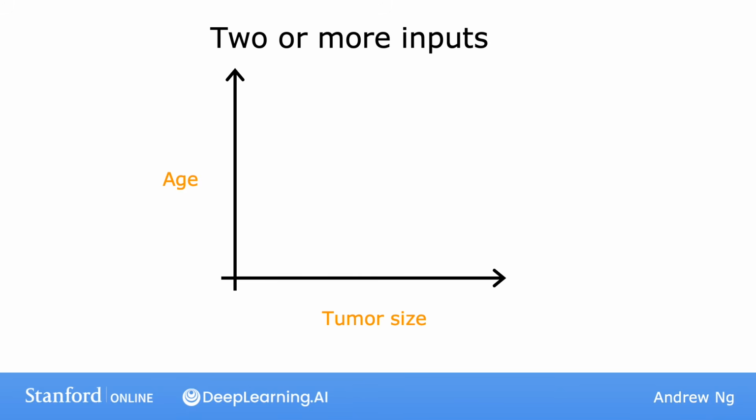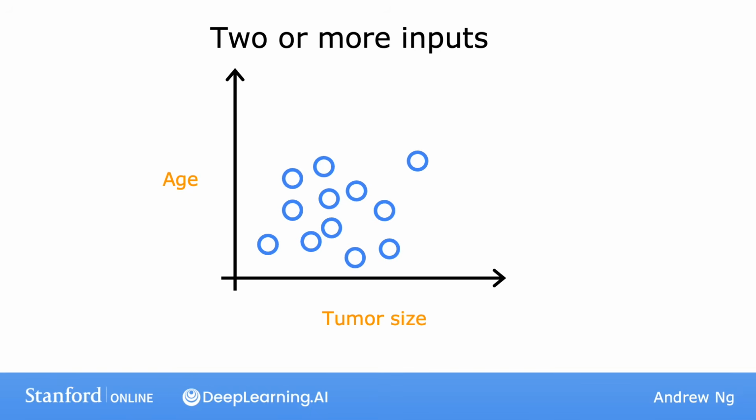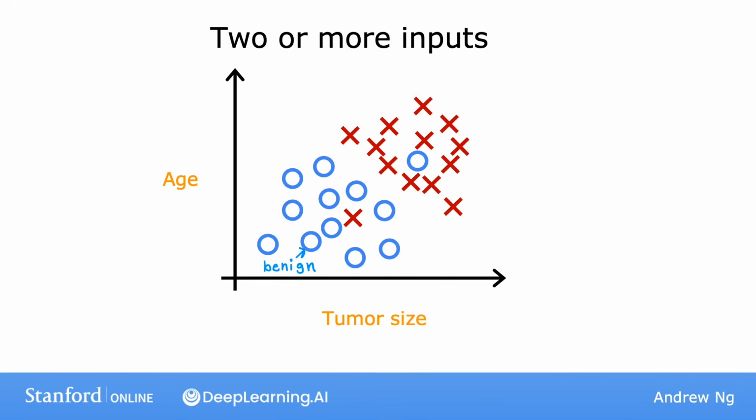Plotting this new dataset, we're going to use circles to show patients whose tumors are benign, and crosses to show the patients with a tumor that was malignant. So when a new patient comes in, the doctor can measure the patient's tumor size and also record the patient's age. And so given this, how can we predict if this patient's tumor is benign or malignant?